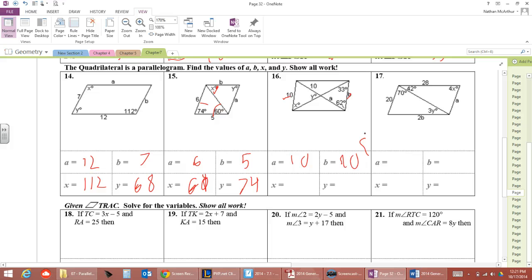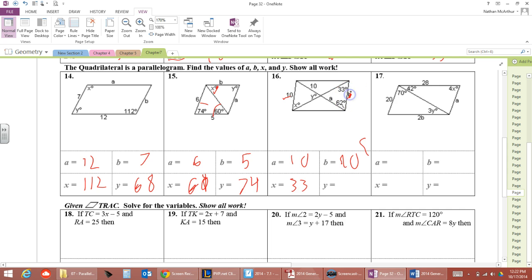Now, this is where it gets tricky. X and 33 are alternate interior of each other, so they're equal. So I say 33. Now to find Y, I'm going to have to use vertical angles. To find this one, I've got to use the triangle sum theorem to say they all add up to 180.